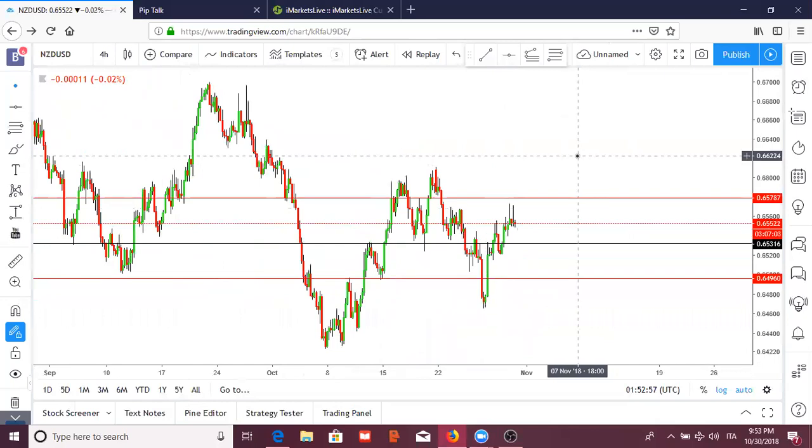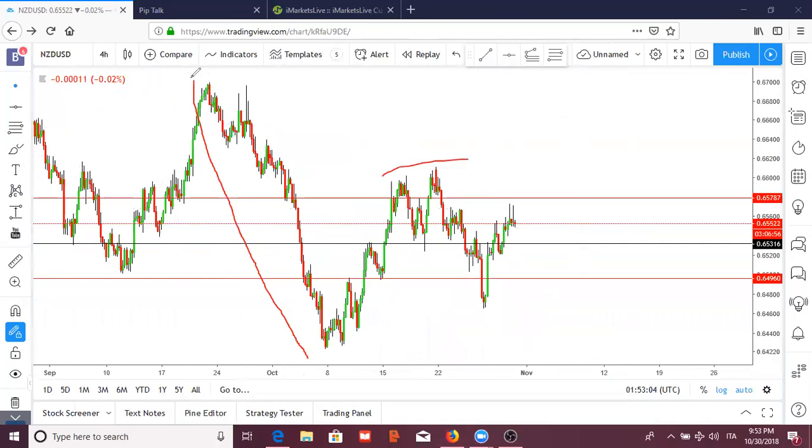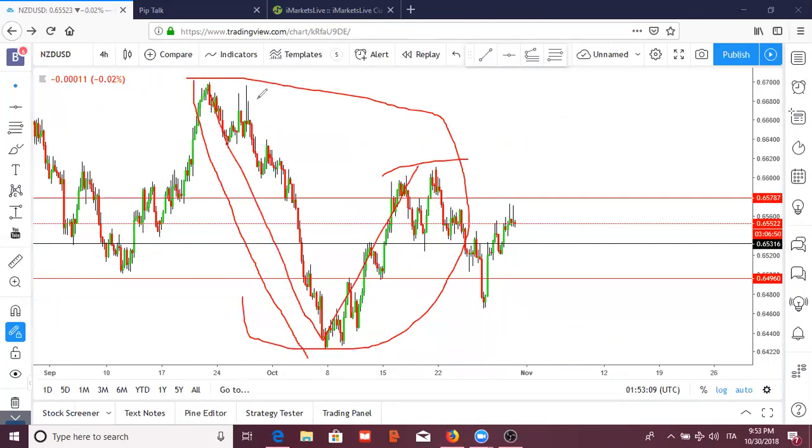Like right here, I have an impulse leg to the downside, and this pullback. As soon as I see this little section, this impulse leg and this pullback, first thing in my mind, I'm just gonna pull out my fib and see what it gives me.